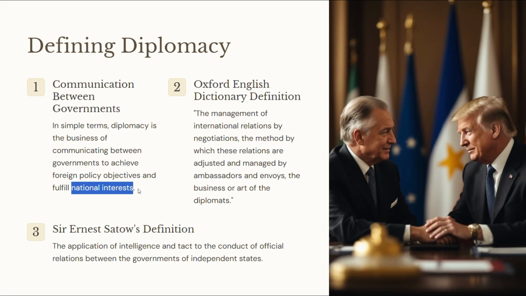The behavior of states to fulfill a certain set of aims is determined by the national interest.